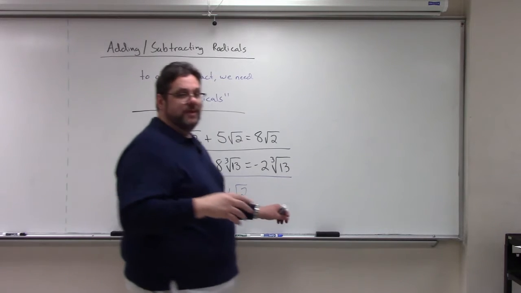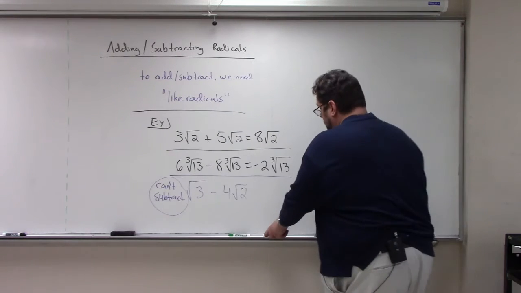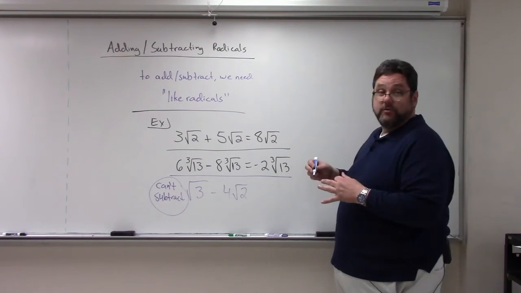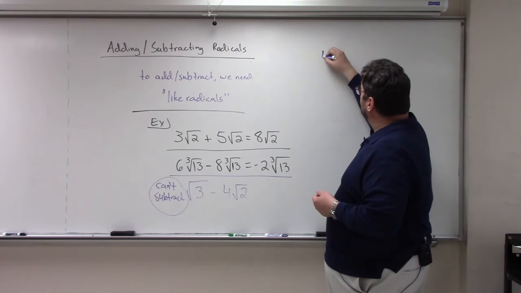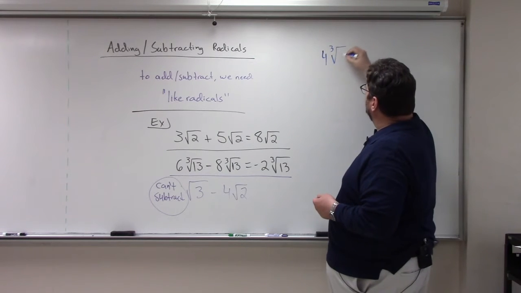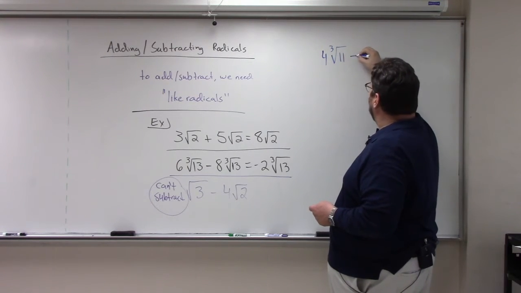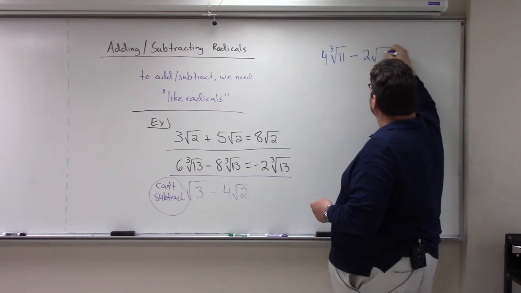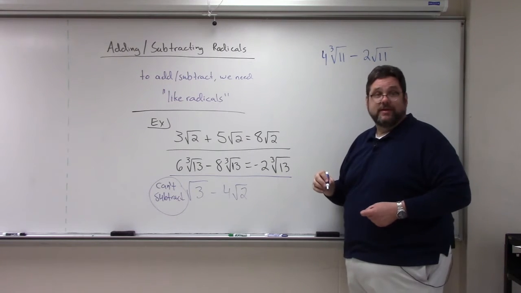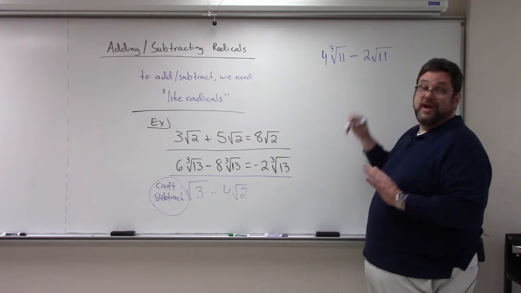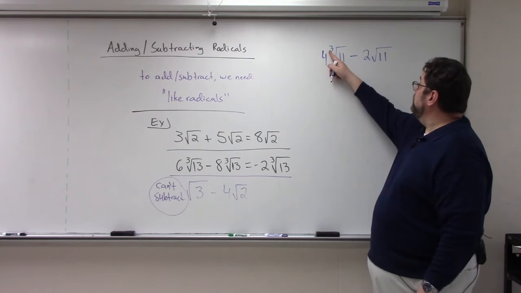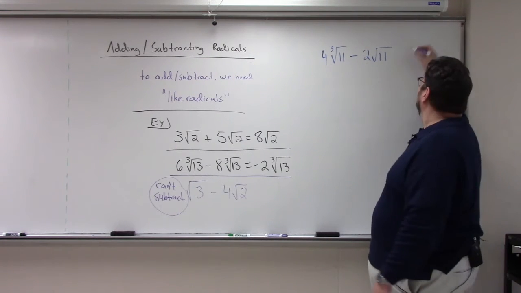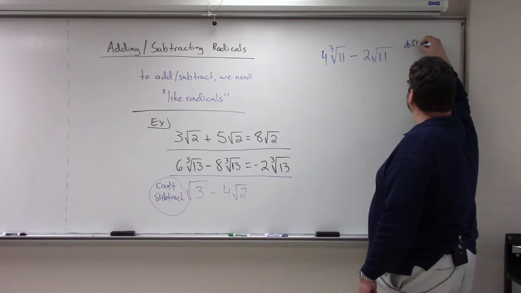Another thing that would be an example of things we can't add would be if I had different radicals. So for instance, if I had 4 times the cube root of 11 minus 2 square root of 11, I can't add or subtract those either because this is a cube root and that is a square root, and these are different roots.